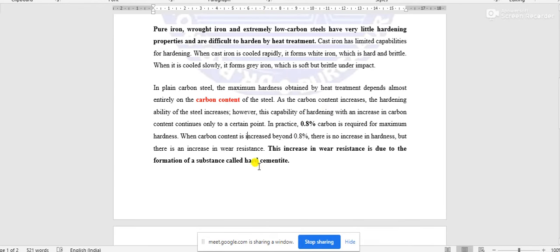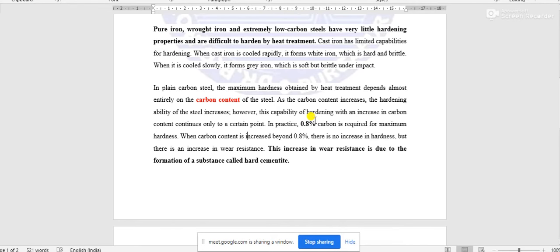In that case, after 0.8% of carbon in steel, the wear resistance of steel will be increased. Obviously, that is an improved characteristic of steel, but that is not because of carbon, or not because of hardening.